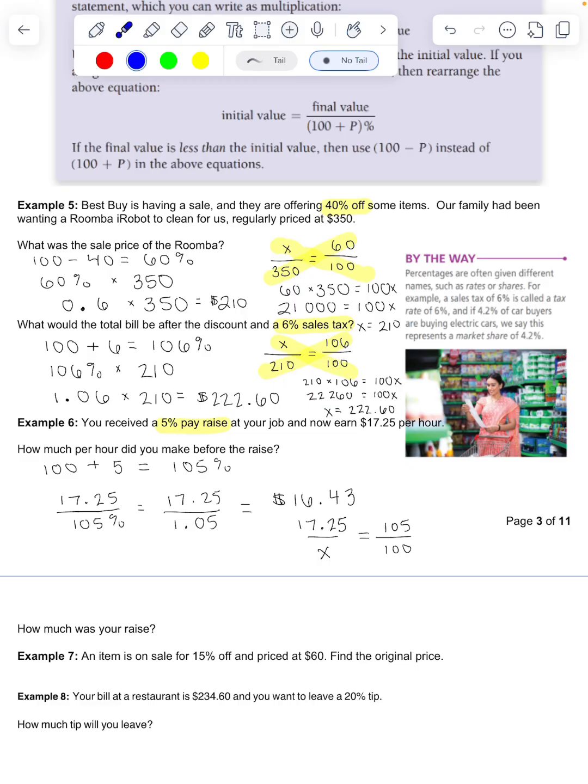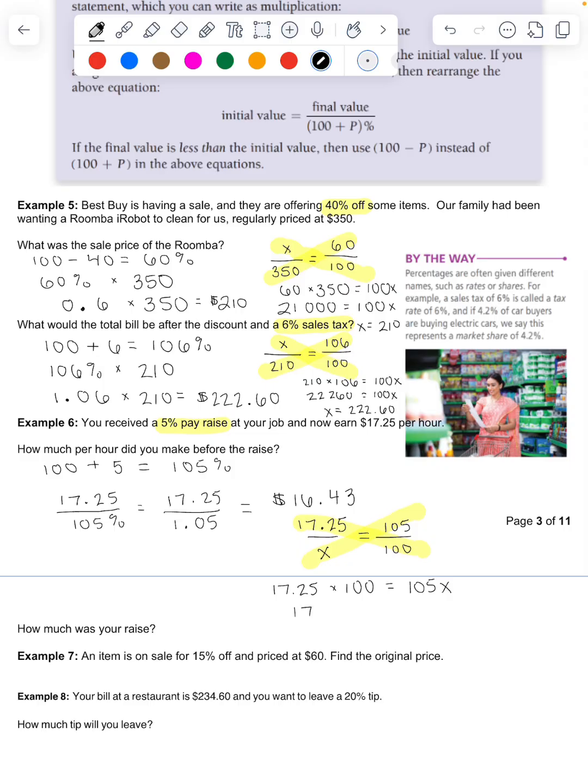So this one, it doesn't totally follow the part and whole idea, but I just want you to notice that the 105% has to go with the new salary. 100% has to go with the old salary. They go next to each other. Then I cross multiply. 1725 times 100 equals 105x.